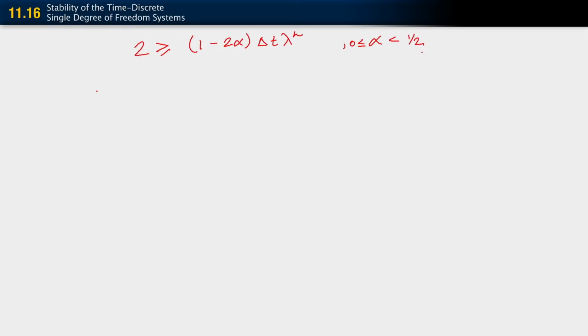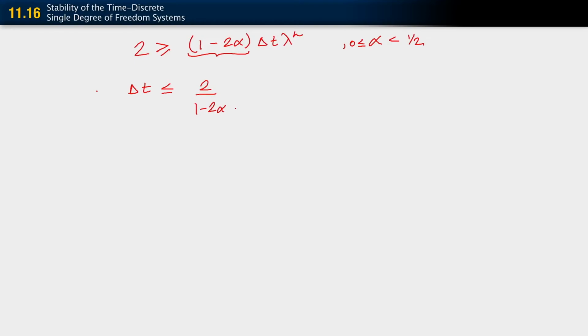Now observe that since alpha lies in this range that I've written on the right, what can you say about the quantity in those parentheses? It's always positive. So now we get a condition where, as far as delta t is concerned, delta t must be lesser than or equal to 2 divided by 1 minus 2 alpha times lambda h.